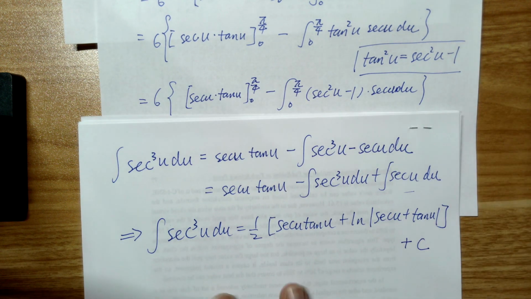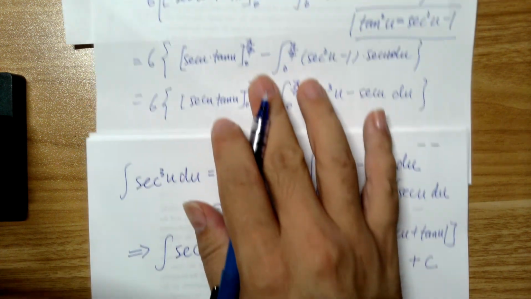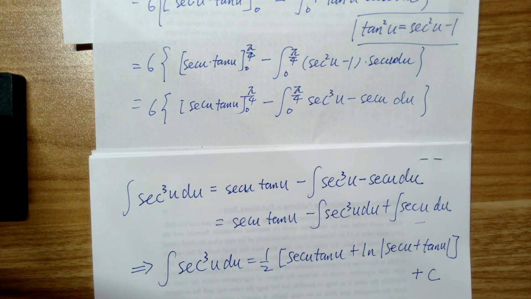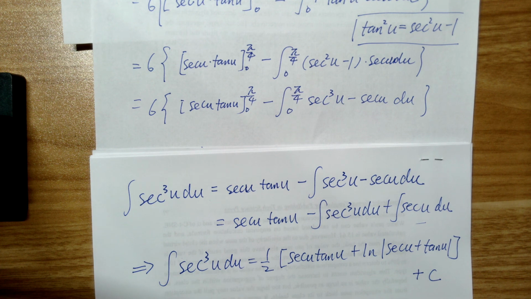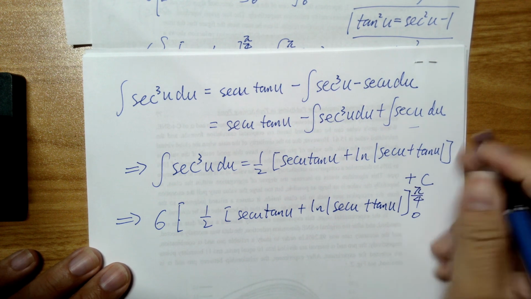But the problem we are handling is a definite integral, so at the final stage, if you recall what we got here, it becomes 6 times 1 over 2 times secant u tan u plus ln of secant u plus tan u, evaluated from 0 to pi over 4.